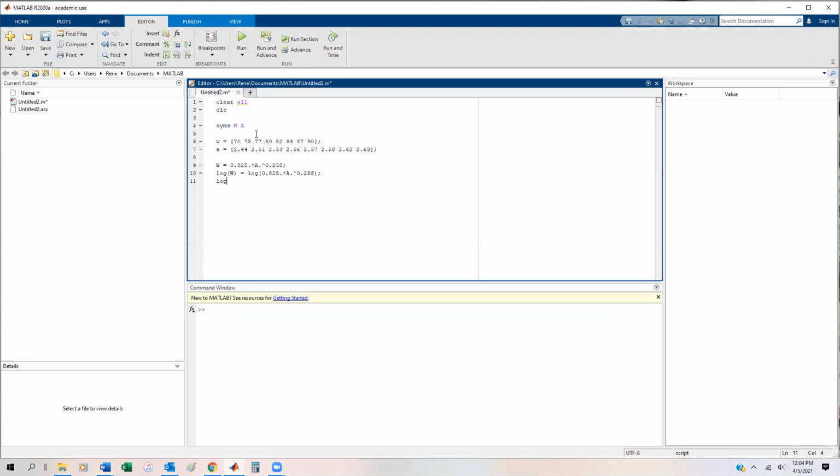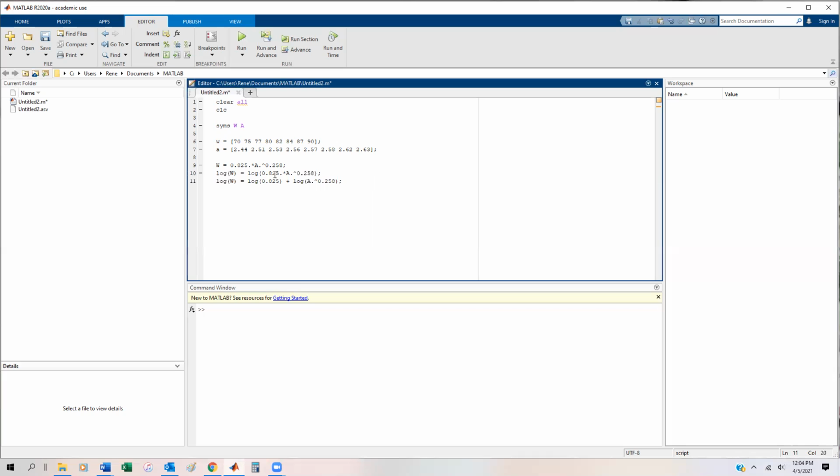Remember that rule, we can do log plus log: log of this part plus the log of this part.